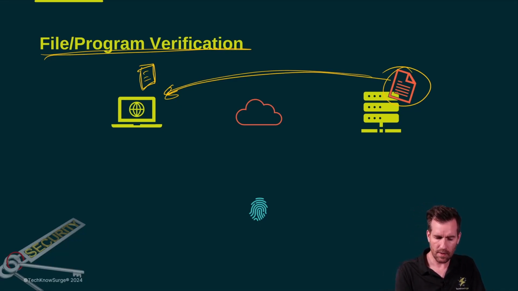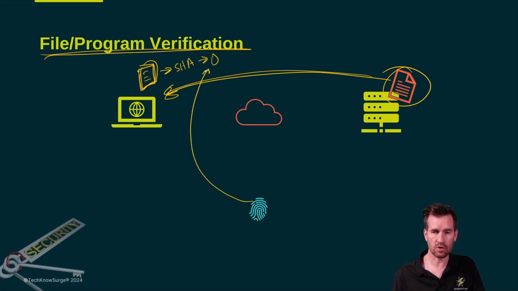What we do is put it through a hashing algorithm. Let's use SHA as the example again, and we create a unique fingerprint of this document. We can compare it to a known good fingerprint of that document with the one that we have created here. And if it's the same, we know that this document is okay.